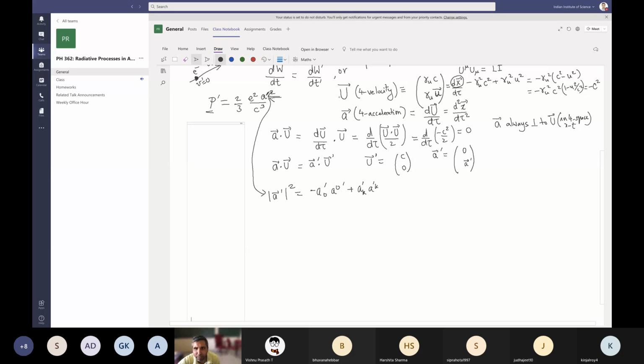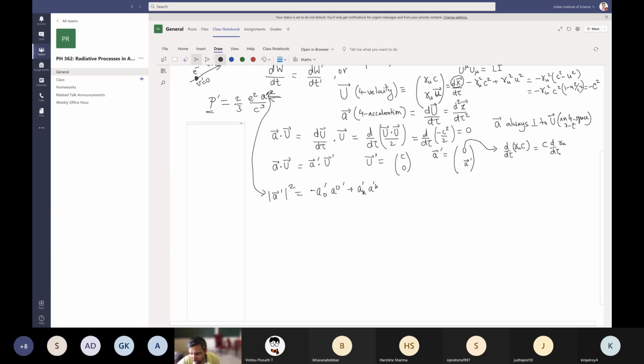So what is this? This is d by d tau of gamma u c. So this component is that, and c is a constant, so c d by d tau of gamma u.